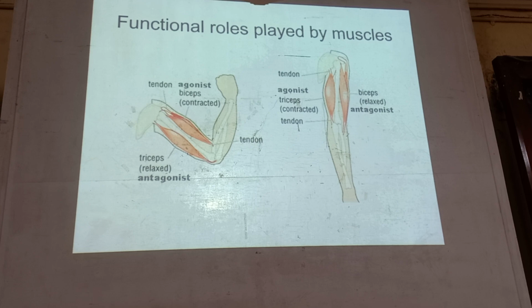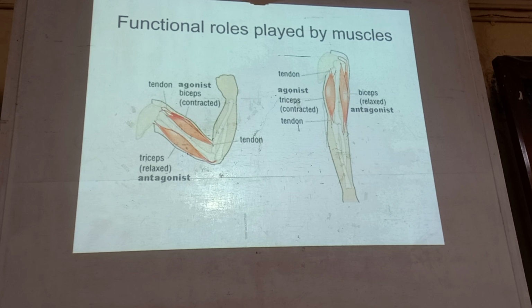Who will cancel out biceps' flexion action? Triceps. So if biceps and triceps both contract together, flexion and extension both will cancel out each other. Net result, only supination. So biceps is flexor plus supinator, triceps is extensor. Contract both together, pure supination. Flexion and extension cancel out.